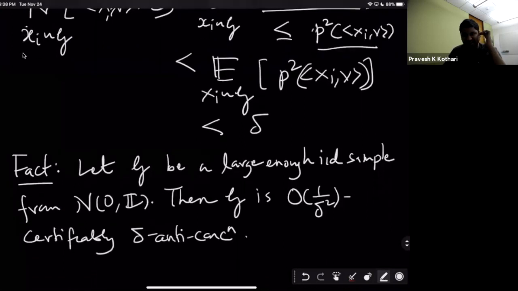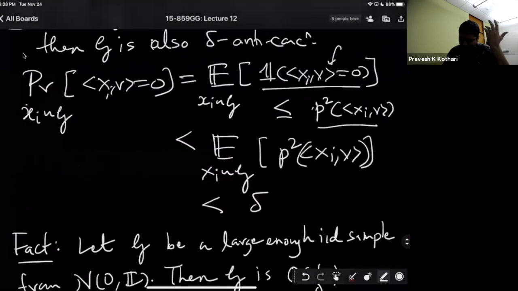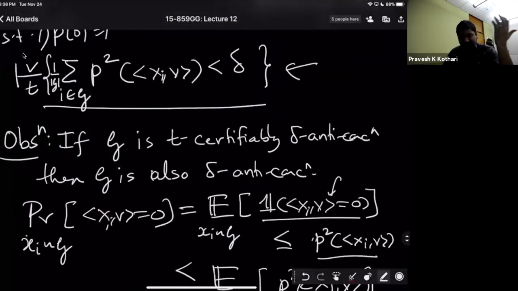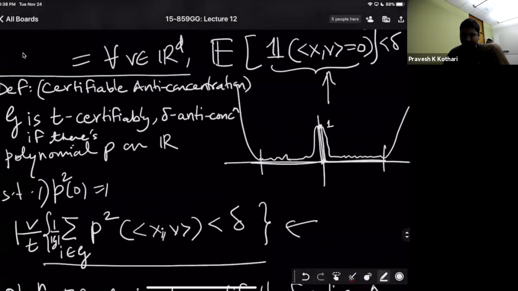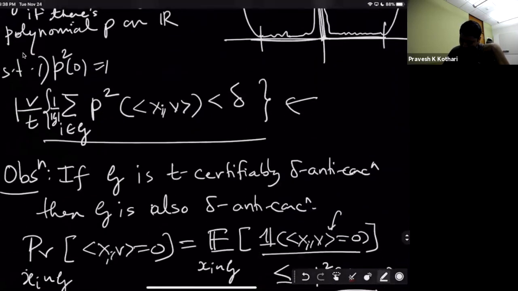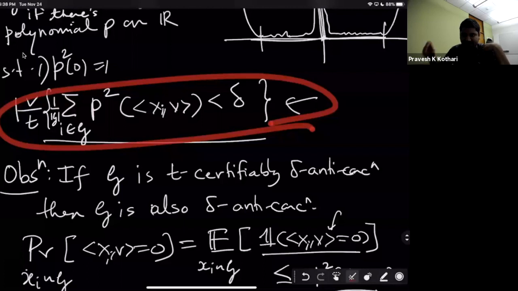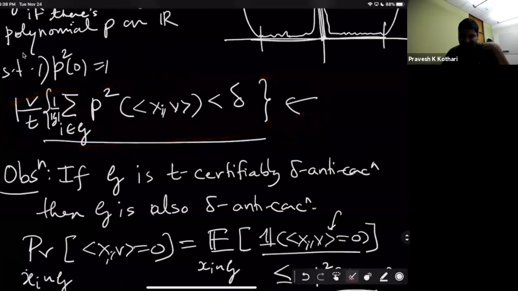So what this is saying is that when we first studied anti-concentration, we tried to prove the non-vacuousness of the definition. We now defined an alternate property. By what we just observed, it is at least as strong as anti-concentration, but actually might be stronger. It's likely in fact stronger because we are demanding some SoS proof for a certain inequality. So we have to establish that it's a non-vacuous property.